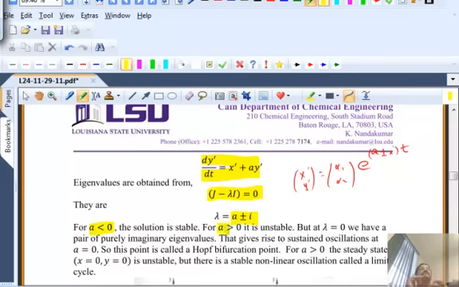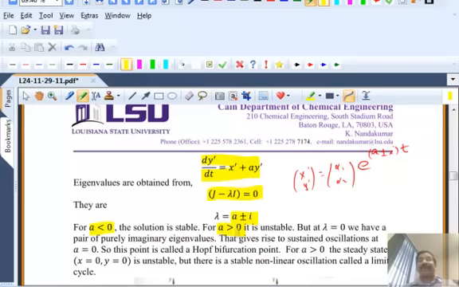But what happens at A equal to 0? In the previous case, the eigenvalue itself was 0. But in this case, is the eigenvalue 0? No, the eigenvalue is plus or minus square root of i. So if I have that, here is a question.